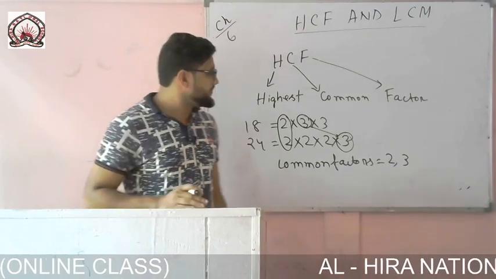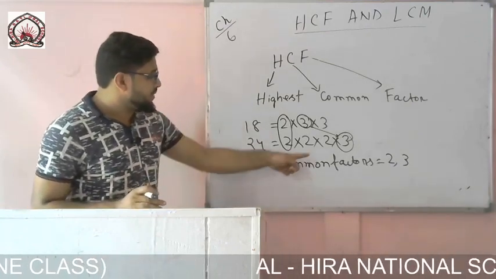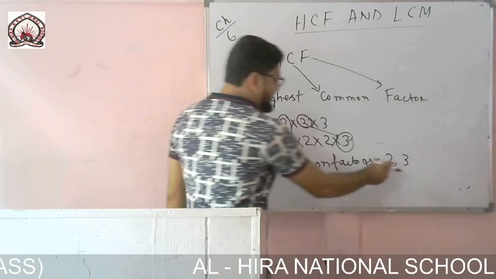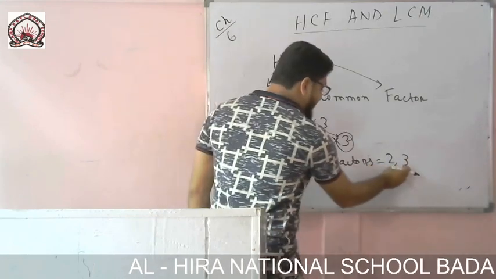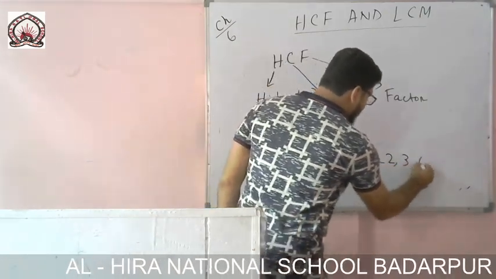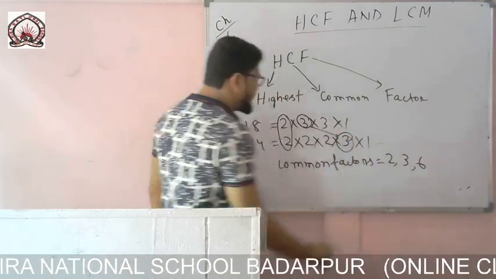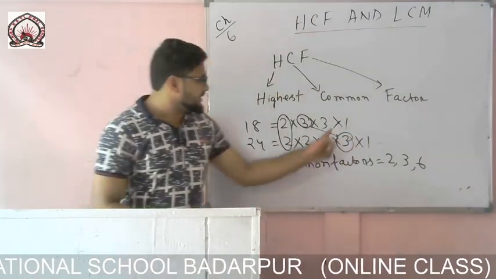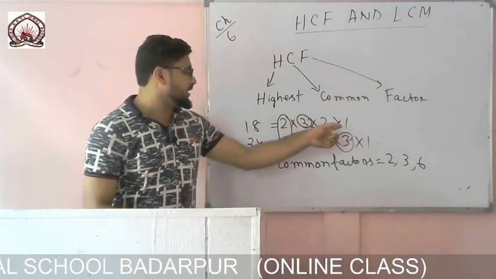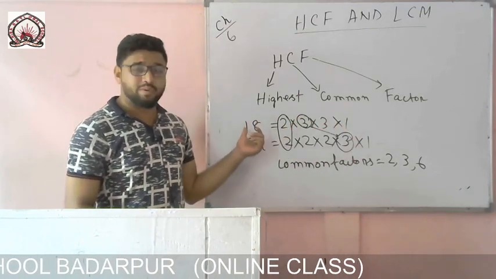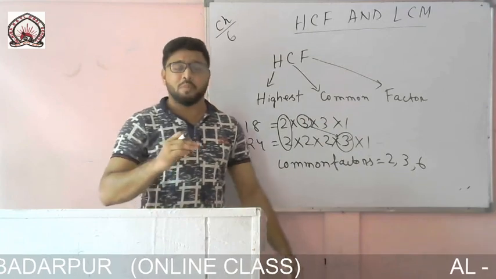Now from this common factor, if you multiply them, 2 times 3 is 6, and 1 is there in every number. That means if you multiply by 1, or divide by 1, we can also get the number. Highest common factor, that means what?